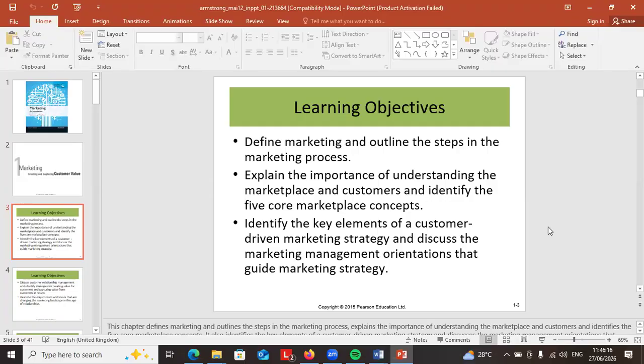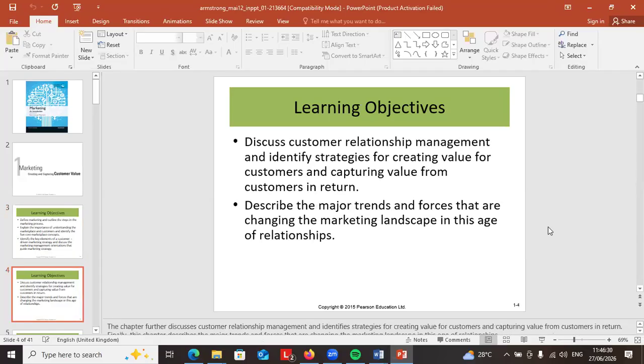Next, you should be able to identify the key elements of a customer-driven marketing strategy and discuss the marketing management orientations that guide marketing strategy. And last but not least, you should be able to discuss customer relationship management and identify strategies for creating value for customers and capturing value from customers in return. And finally, you should be able to describe the major trends and forces that are changing the marketing landscape in this age of relationship.